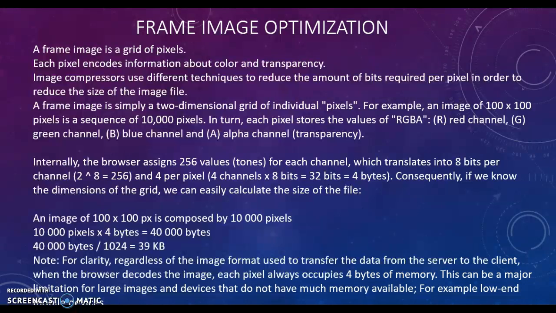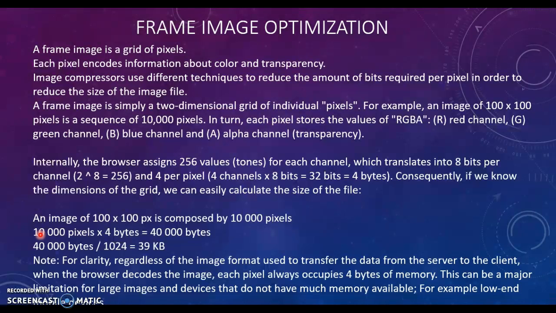Raster images are a grid of pixels. Each pixel encodes information about color and transparency. Image compression uses different techniques to reduce the number of bits required per pixel in order to reduce the size of the image's file.